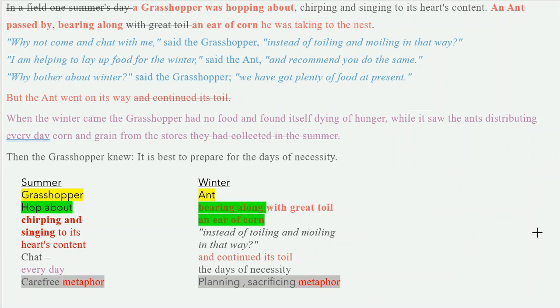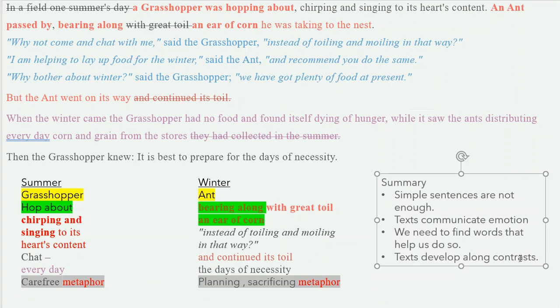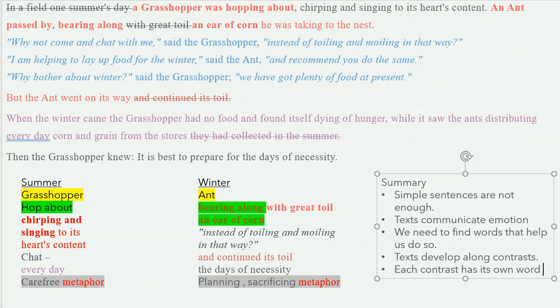So now we use the fable and we wonder, do other texts develop along the contrasts? We will find out, but at this very moment, this is what we know, right? Texts develop contrasts, and each contrast has its own word groups, right?